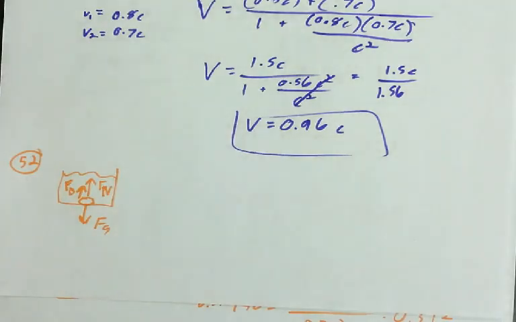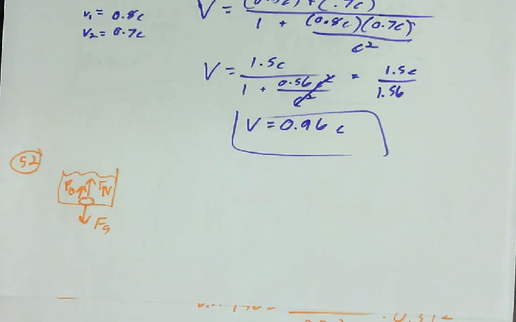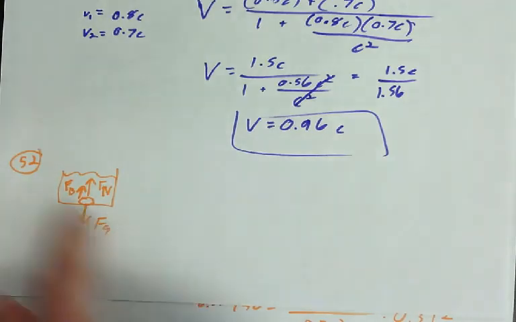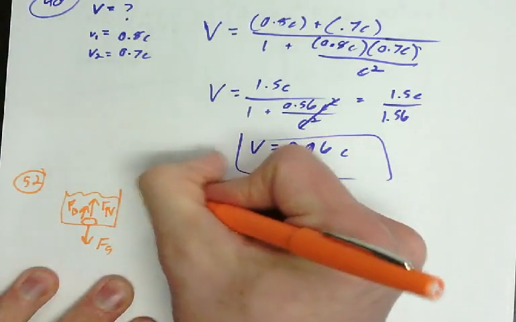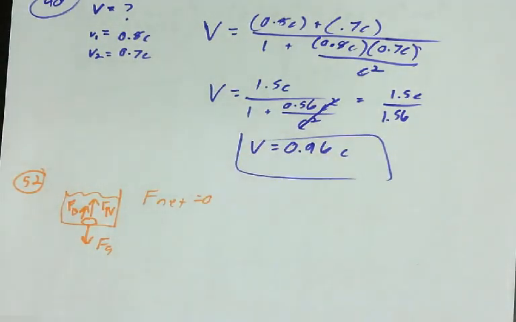Okay. Newton's second law says all the forces up minus all the forces down equal the net force. It's sitting on the bottom, so the net force is 0. Then we add all the forces together.